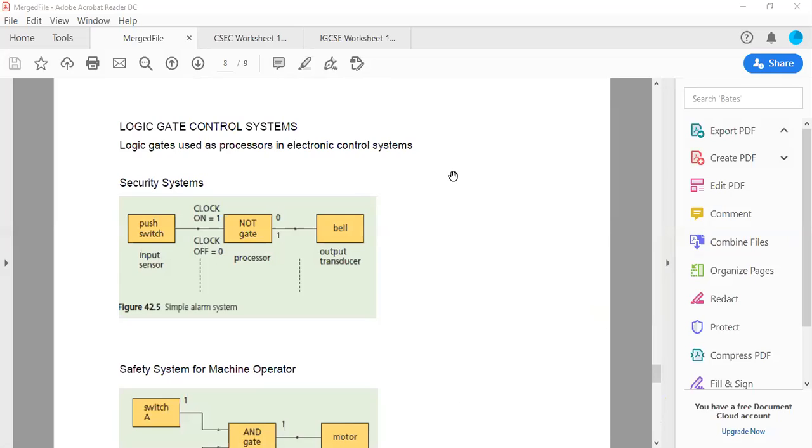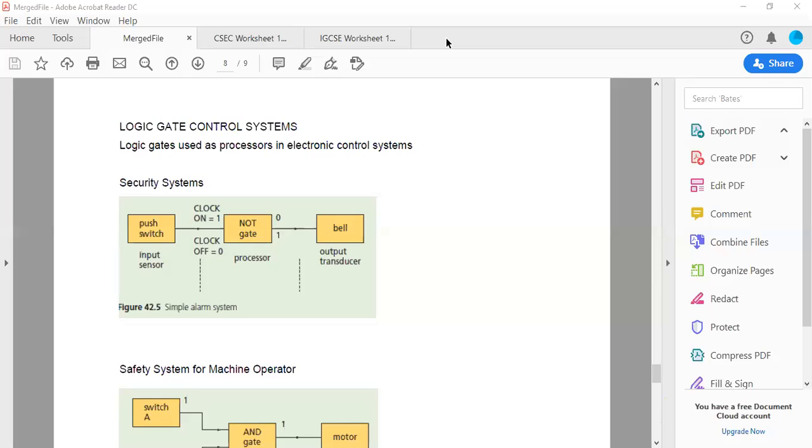Because logic gates were a big part of CXC. They do play a particular role in CXC, but however, it is not that dominant anymore in CXC and IGC. However, they do show up from time to time. So in case they do show up, because it is on both syllabuses, you would need to cover it.